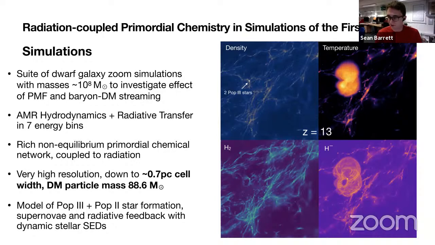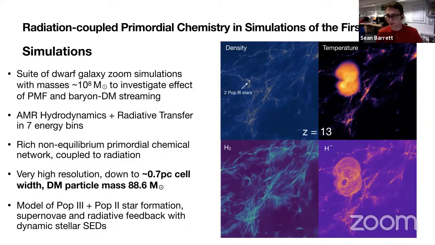So not just the first generation of stars, but the stars that form in the subsequently enriched gas, and supernovae and radiative feedback. So we don't just simulate the first stars and the first galaxies, but also their evolution down to lower redshift in a self-consistent way. So the first stars influence the environment in which the second and third generations of stars form.